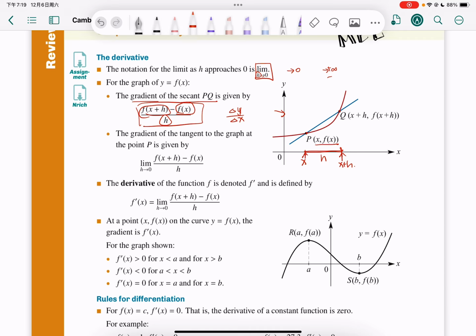Then with this idea in our mind, we can relate it with the limit we just learned about, which comes up with something like this. So if h approaches 0, so h is decreasing and decreasing until it's 0, until it's a point.